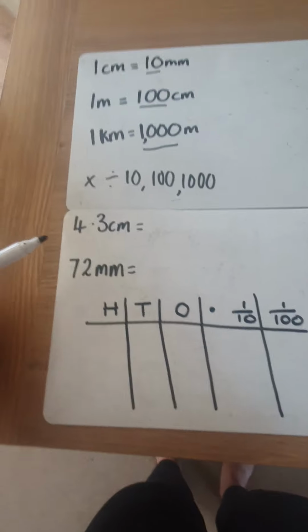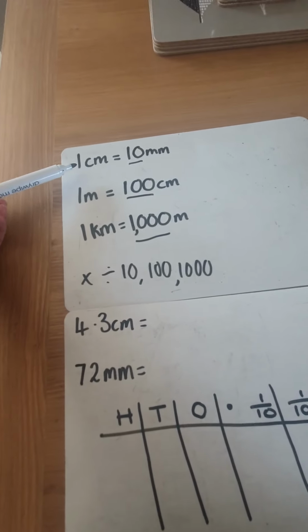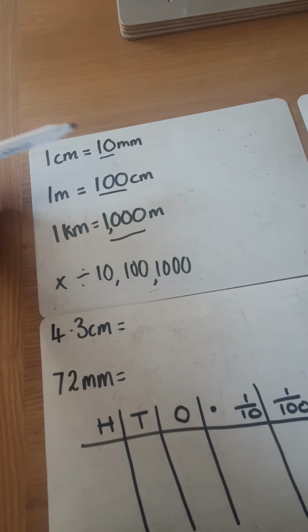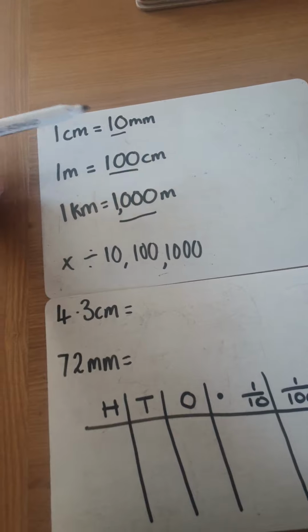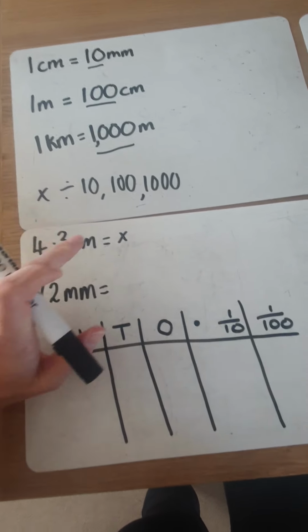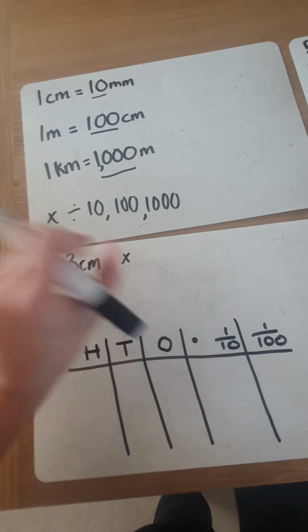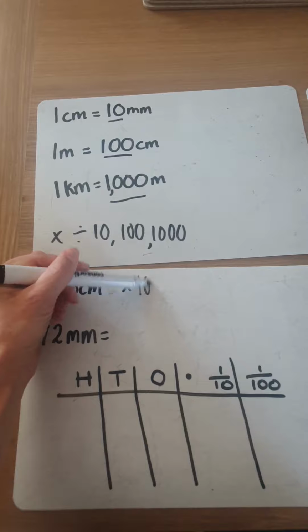So we've got 4.3 centimetres. Now we can go back up to our conversion chart. You can see that you need more millimetres to make centimetres. Therefore, if you need more, you're going to multiply. So 4.3, we're going to be multiplying. What are we going to be multiplying by? There are 10 millimetres, so we're going to be multiplying by 10.